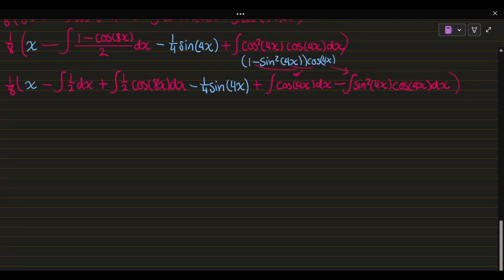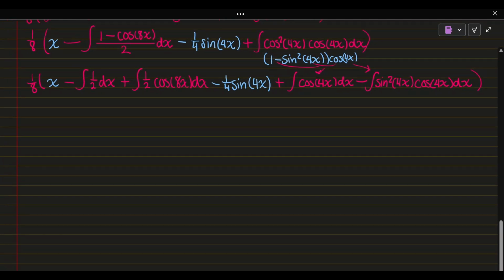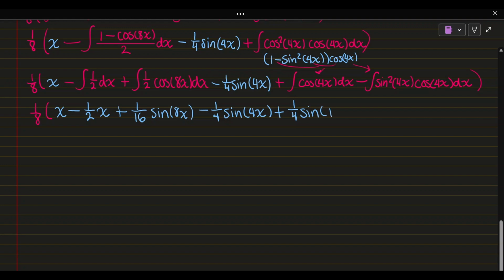So moving on here, we have 1/8 times x, the integral of 1/2 is going to be 1/2 x. The integral of 1/2 cosine 8x is going to be 1/16 sine 8x, and you can see that through a simple u substitution, minus 1/4 sine of 4x plus, this is going to be 1/4 sine of 4x.